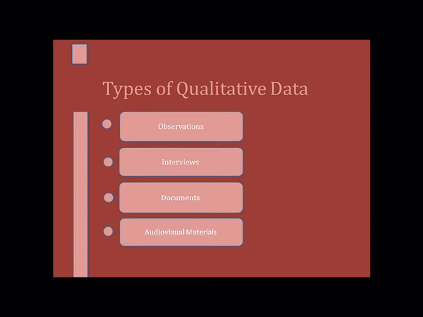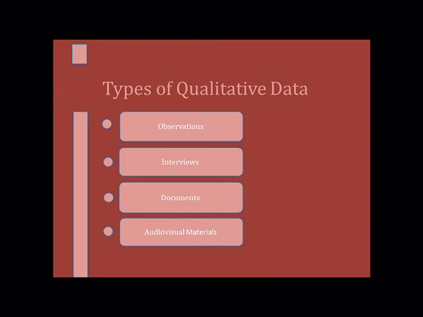Documents consist of public and private records that qualitative researchers obtain about a site or participants in a study, and they can include newspapers, minutes of meetings, personal journals, and letters. These sources provide valuable information in helping researchers understand central phenomena in qualitative studies.